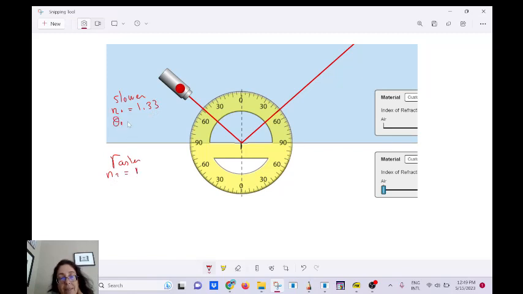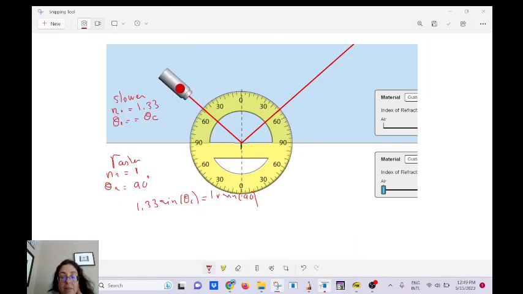So the incidence angle here equals the critical angle. So theta 2 equals 90 degrees. So you can have 1.33 sine the critical angle equals 1 times sine 90, which is 1, okay?